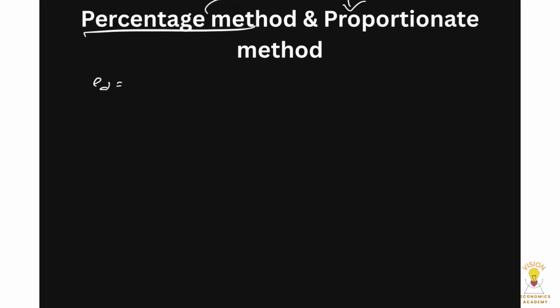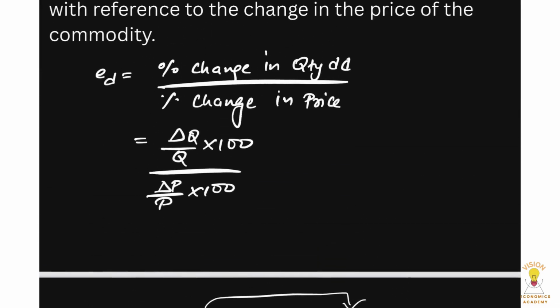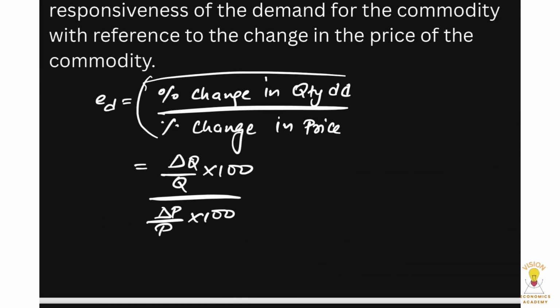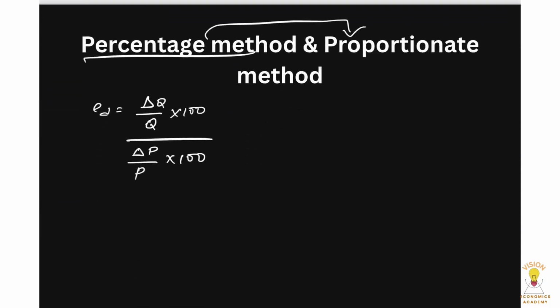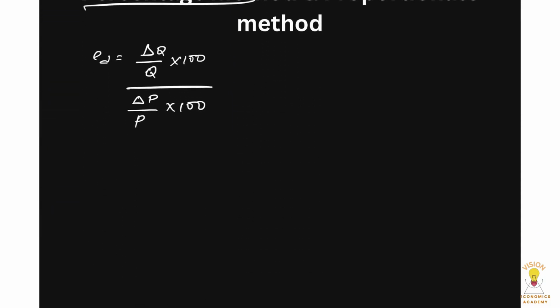Elasticity of demand equals percentage change in quantity demanded, that is change in Q by Q into 100, by change in P by P into 100. Same thing, the percentage change in quantity demanded by percentage change in price. The 100 gets cancelled, then we get change in Q by Q divided by change in P by P.